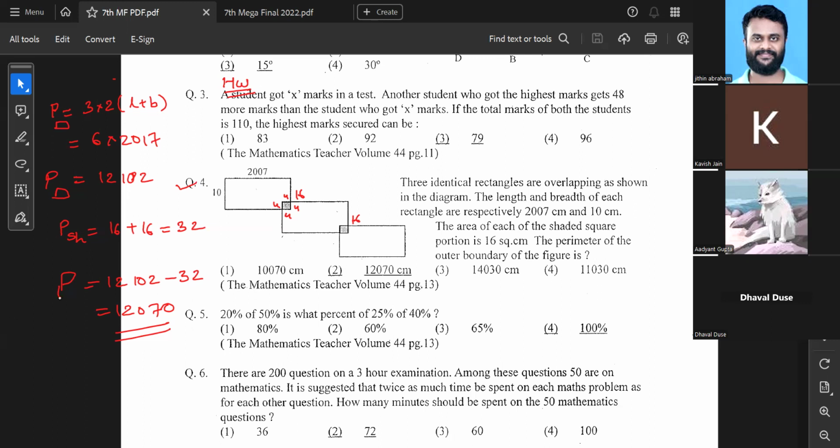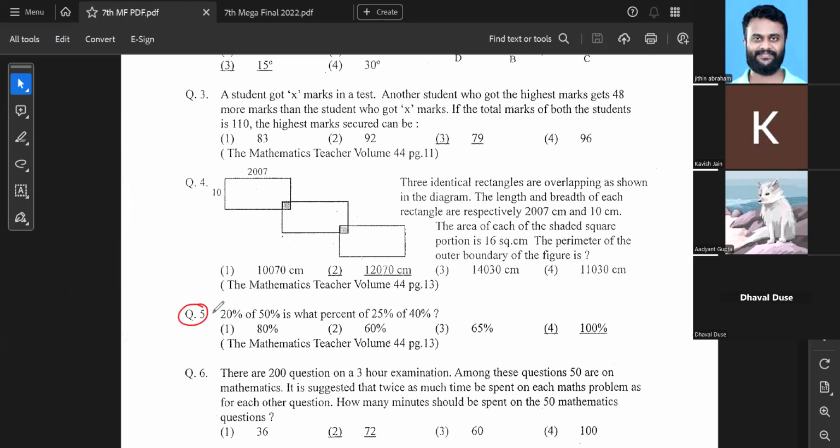Okay, let's proceed further. The next one looks simple actually. 20% of 50%. So 20% of means multiplication. 50% is what percent? Is means equal to. What means I don't know, I'll write x.